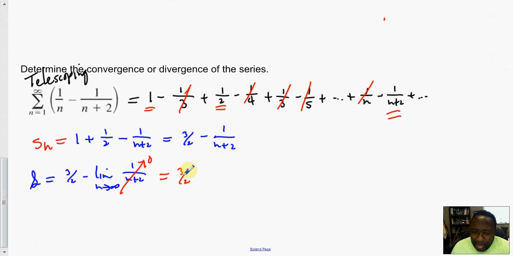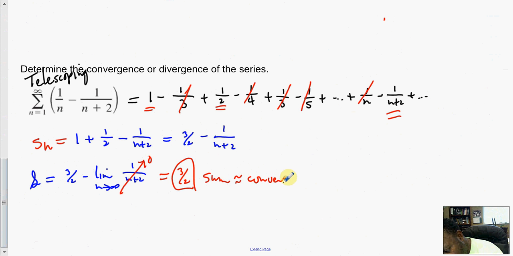If you're able to calculate and pinpoint a sum for a series, the sum is equal to this number. That's the limit. If that's the limit, it converges. So determine the convergence or divergence. Here we get a sum. Hence, convergence. Now I could have cheated, and I hate to use that word, but I could have said by the telescoping method, this series converges, right? And that would have been cool.